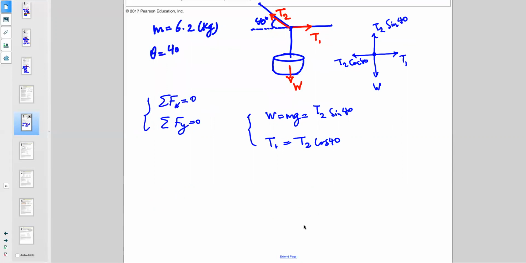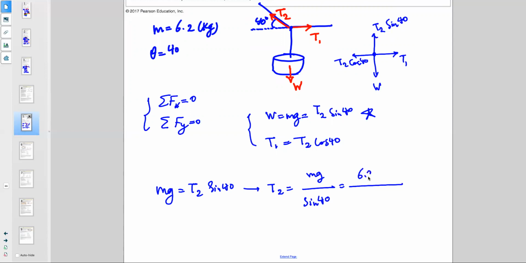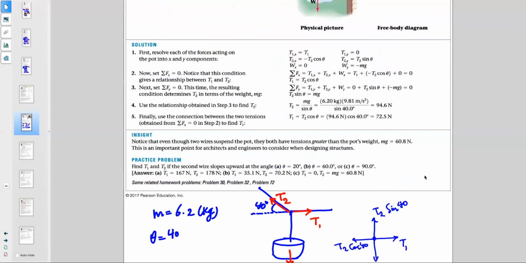Looking at the top one, for example, I can write mg equals T2 sine of 40. So T2, in other words, is mg over sine of 40. M is 6.2, g is 9.81, sine of 40, and I can find T2 to be 94.6 newtons.